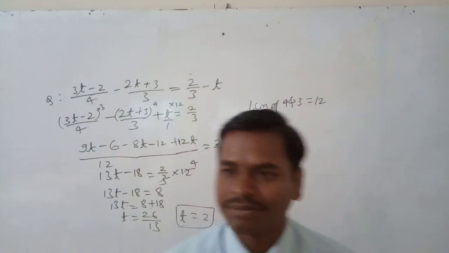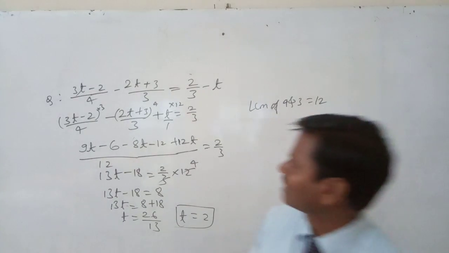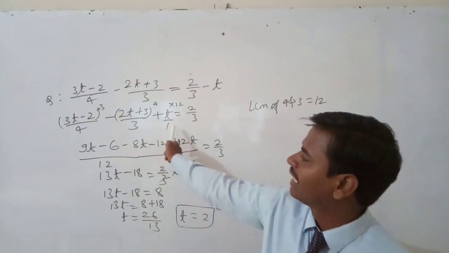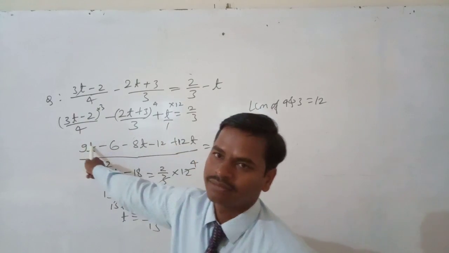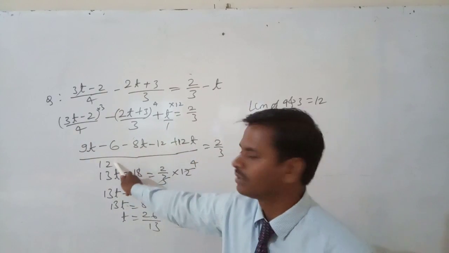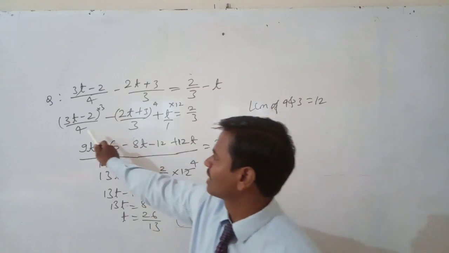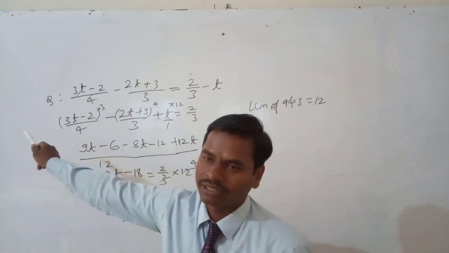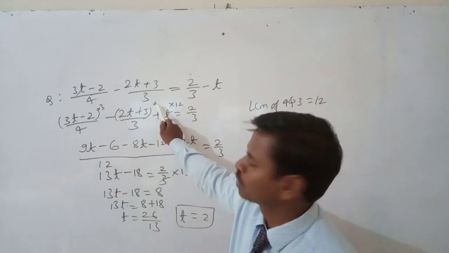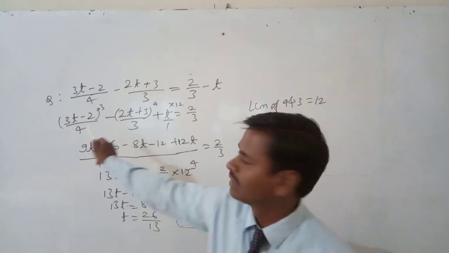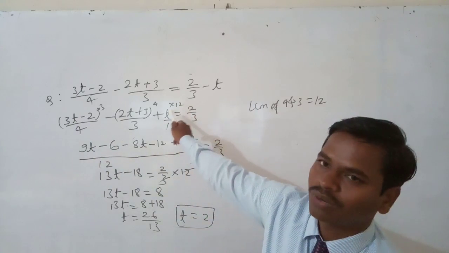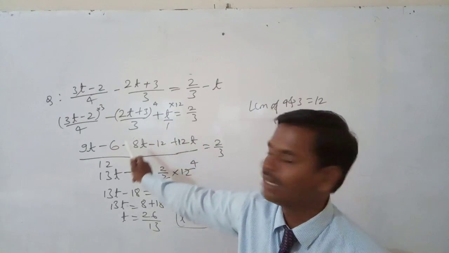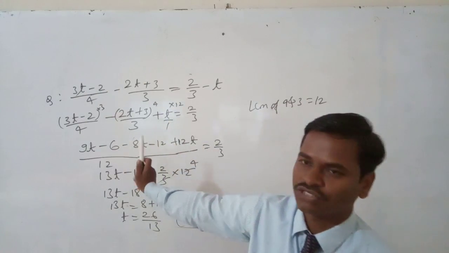Okay? The steps are very simple. First, I'll take the LCM of the denominators. LCM value is 12. Multiply the numerators now. 4 3s are 12, so I am multiplying 3 to the numerator. 3 4s are 12, so multiply 4 to the numerator. 1 into 12, 12 I am multiplying, because we should multiply the factors and convert into the simplest form.